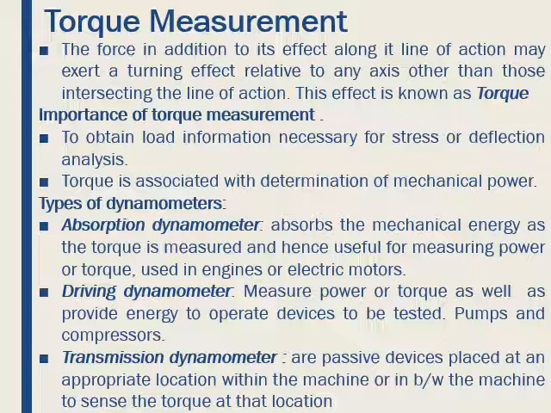The motor or generator measures power and also supplies energy to operate the tested devices. This type of dynamometer is employed with pumps and compressors for determining their performance. An example is the electric cradle dynamometer.